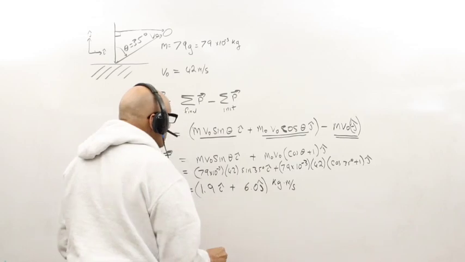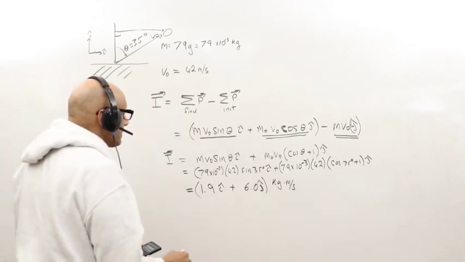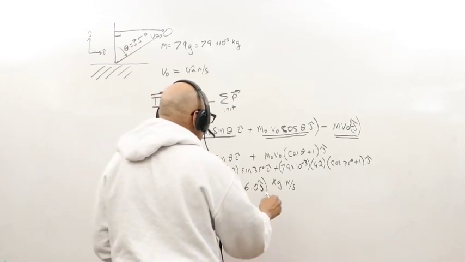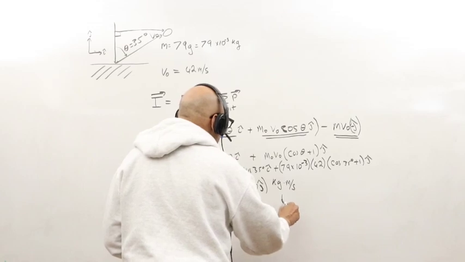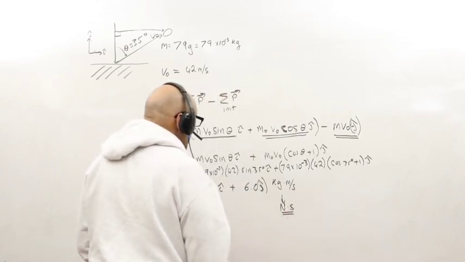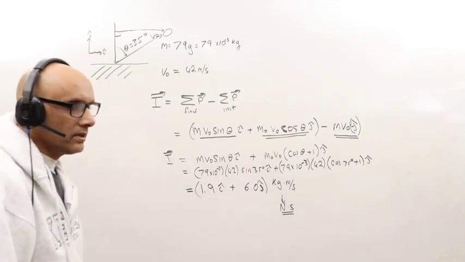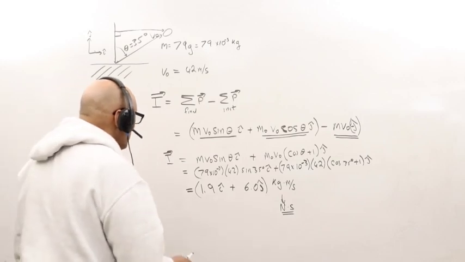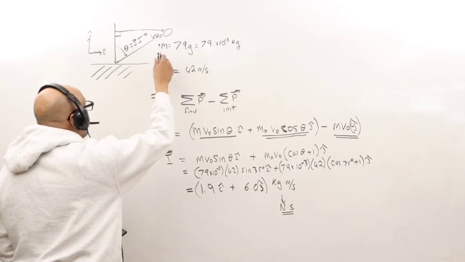But remember, a kilogram meter per second is also newton seconds, depending on how you look at it. So the first part, the impulse I is equal to 1.9 this way, followed by 6.0 up.